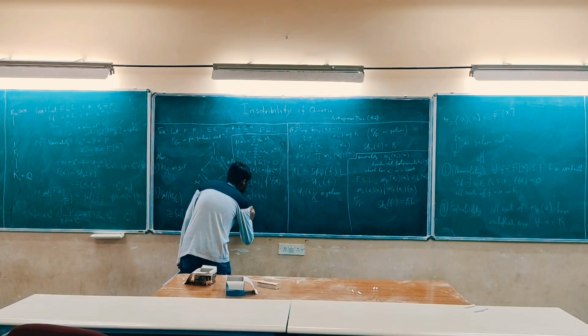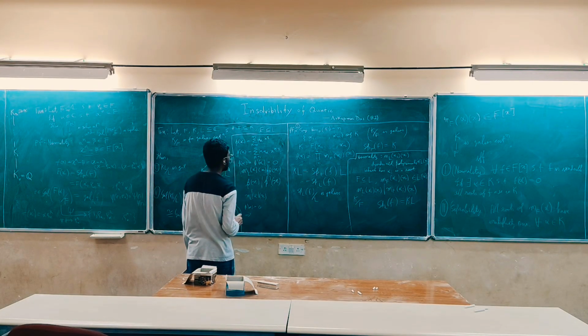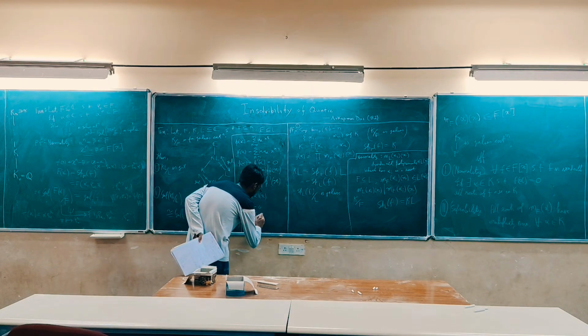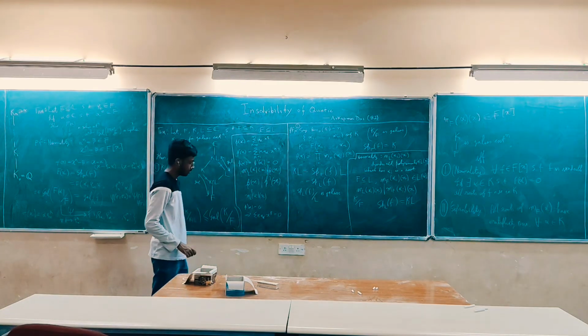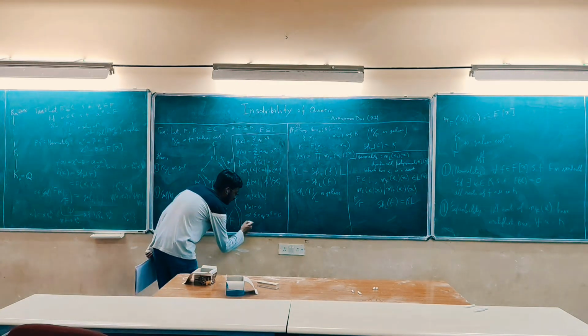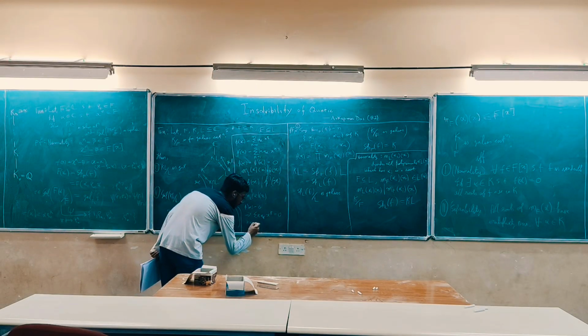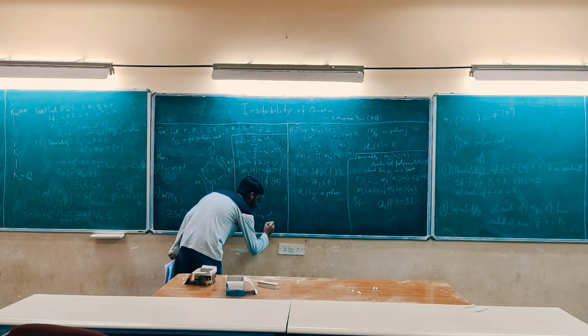But if p'(x) is exactly 0, this implies the summation of k a_k x to the power k is equal to 0, which implies k a_k is equal to 0 for k from 1 to n.